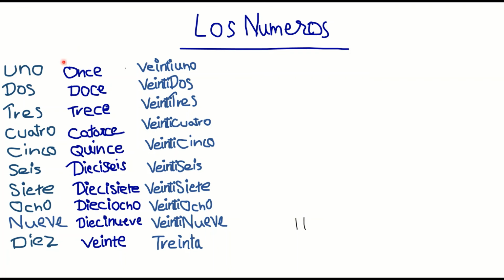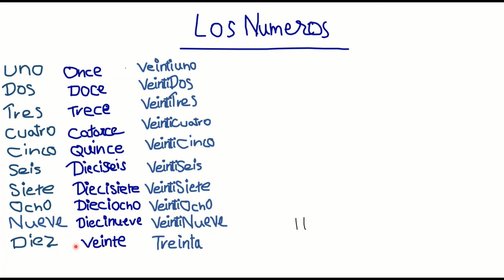So only this portion is very easy. Again, 11, 12, 13, 14, 15. This portion you need to just remember, and then from 16 to, I would say, 29 is the same logic: diez and then the other number, diecisiete, dieciocho, diecinueve, and then 20.